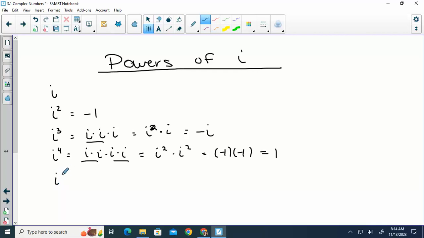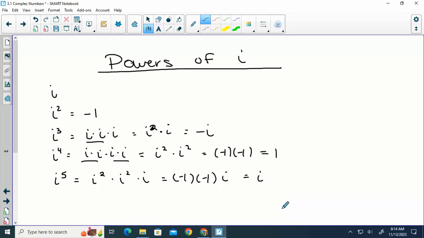If I said i to the fifth, okay, that's i squared times i squared times i. Do you guys agree with that? I squared is negative 1. So you have negative 1 times negative 1 times i, which is positive i. Alright.